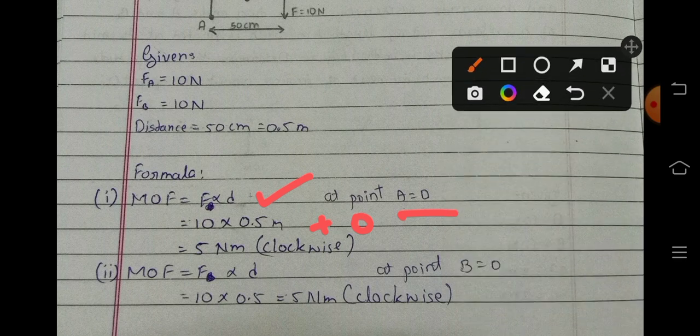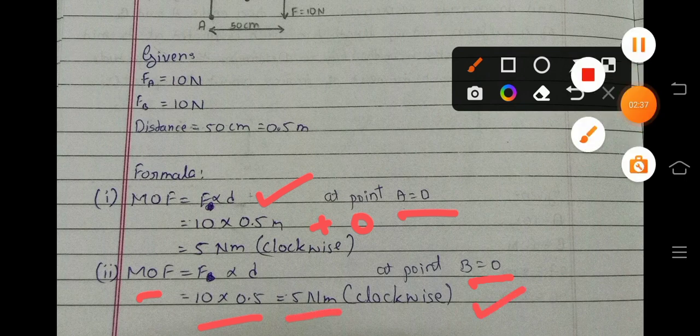The second moment of force is at point B. Again, when the force is applied directly at point B, that term becomes 0, and we only consider the force from A, that is 10 Newton into the distance 0.5 meter. After multiplication we get 5 Newton meter, and this is clockwise.